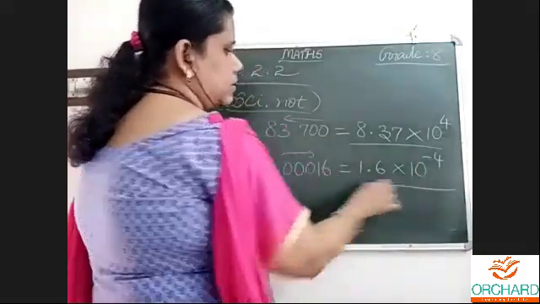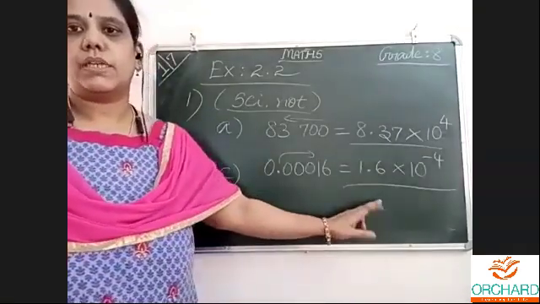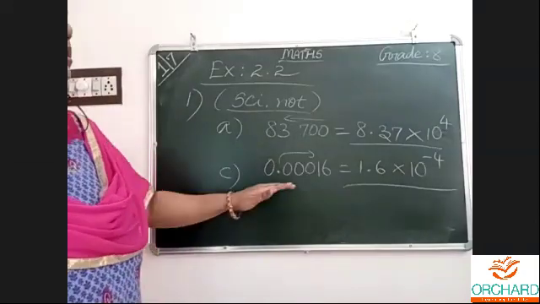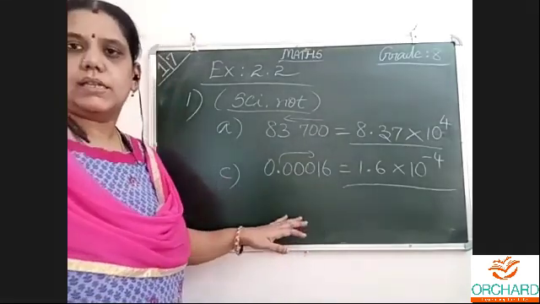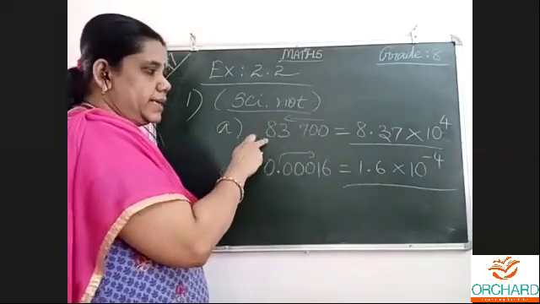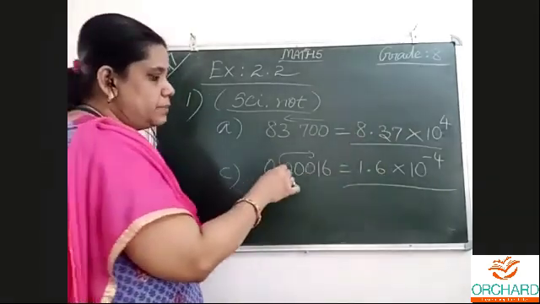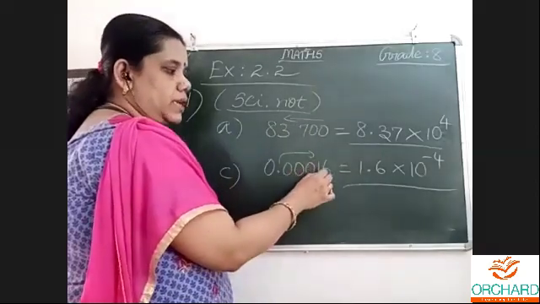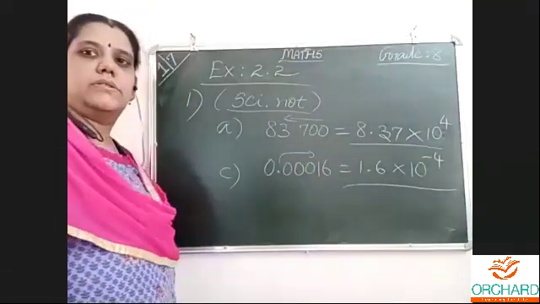Minus 4, since I moved towards this side, that is negative. That is the reason for the difference. So this is the way. If meters and kilometers or something are given, you use the unit. They have not given anything. So when there is no point, come from the last, come to the front, leave one integer and write the remaining with the 10 powers. When the point is there, make the point move towards the right side. 1, 2, 3, 4, 4 digits moved. Make the point sit there and do this.